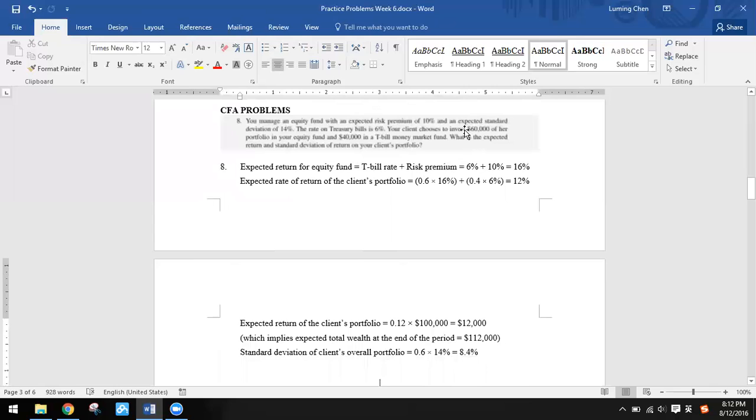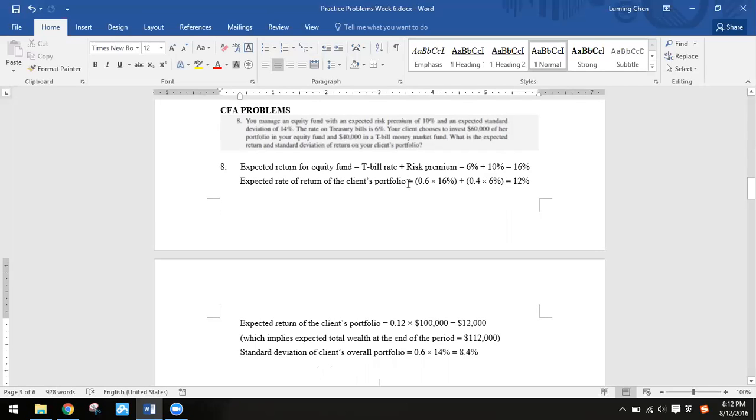If you invest $60,000 of your portfolio in this fund and $40,000 in T-bill, it's 60% of your total fund invested in this equity fund and 40% in T-bill.